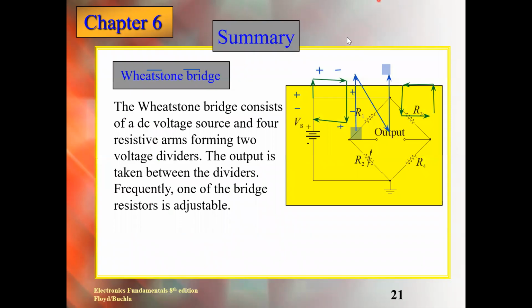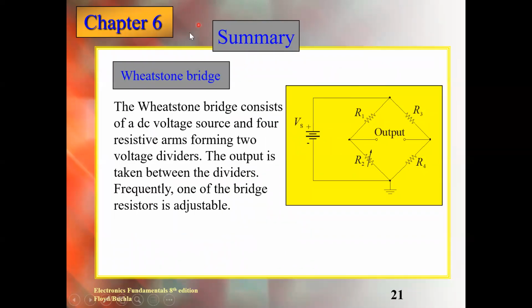Okay. Second thing is the Wheatstone bridge. What is this Wheatstone bridge? The Wheatstone bridge consists of a DC voltage source, which is here, and 4 resistive arms, forming R1, R2, R3, R4.